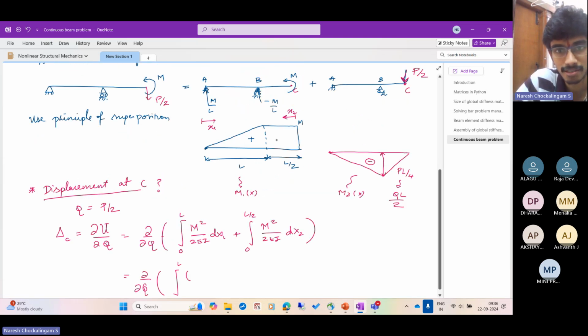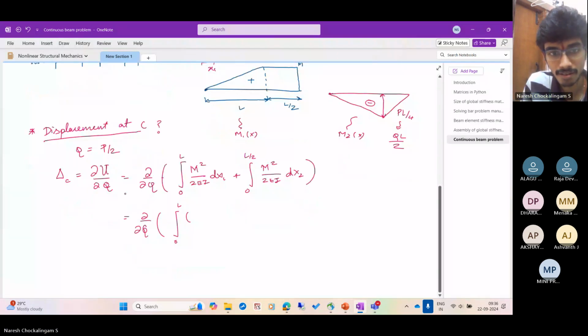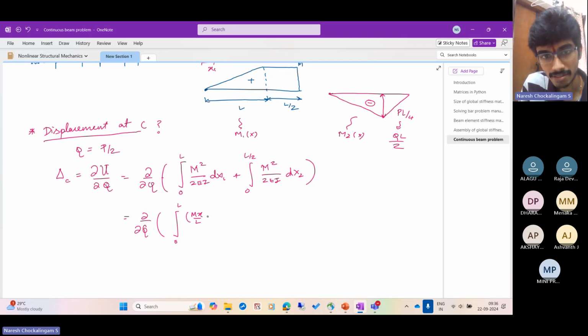So this one is just Mx by L, and here it is Qx by 2, right? Minus Qx by 2, the whole square. So this is x1 and 2EI, you can take 1 by 2EI out, dx1.